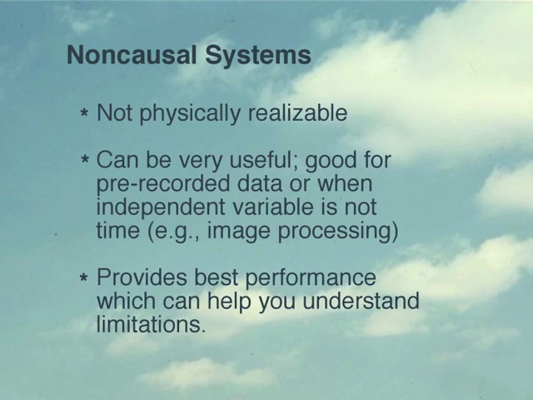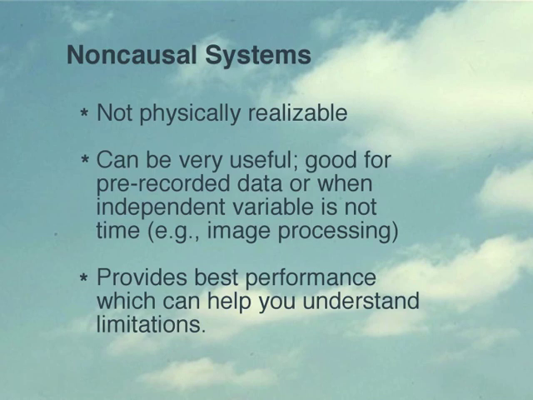Let's suppose you have some sort of performance specification for an engineering system, and you find that even a non-causal system cannot meet that performance specification. Then you're quite certain that a causal system can't, because a non-causal system can act on future inputs and therefore give better performance.